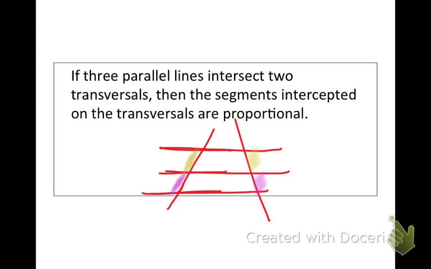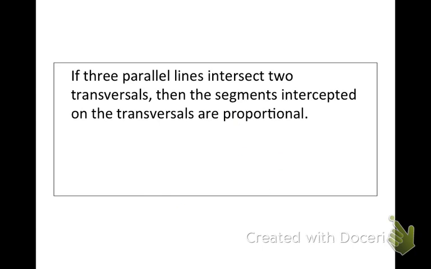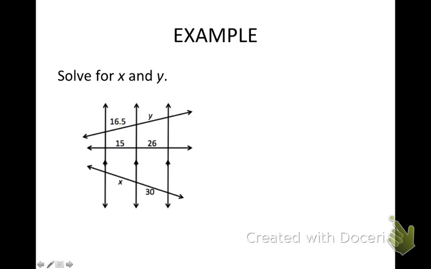So what could your proportions be? Yellow over pink is equal to yellow over pink, or yellow over yellow is equal to pink over pink. Okay? So you write it as you see it. If I needed to solve for, let's go with y first, what is y physically over top of? 26. So I could do y over 26 equals, then what would I do on the other side?